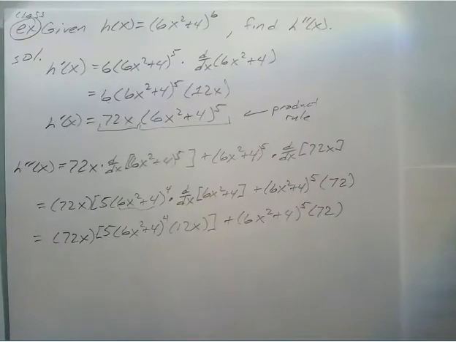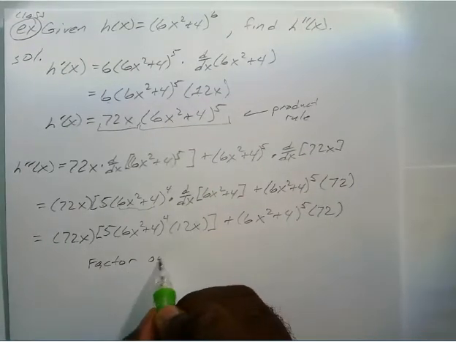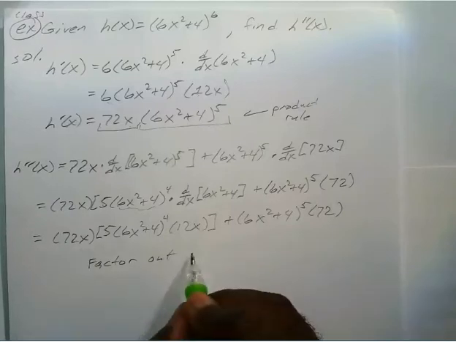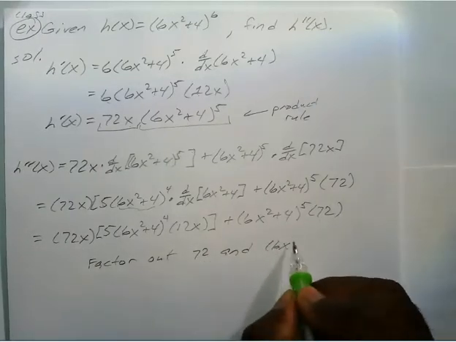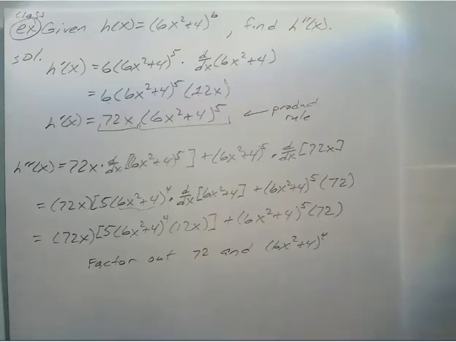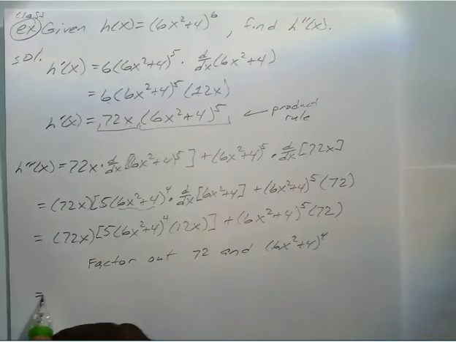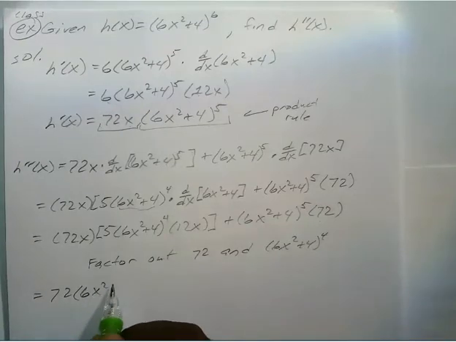Okay, so just like before, we're going to factor out 72 and 6x squared plus 4 to the 4th power. Okay, so if we factor out the 72, we have 72 and 6x squared plus 4 to the 4th power.